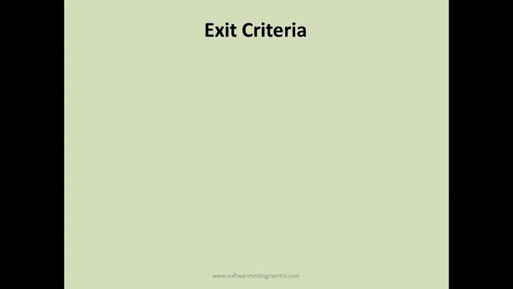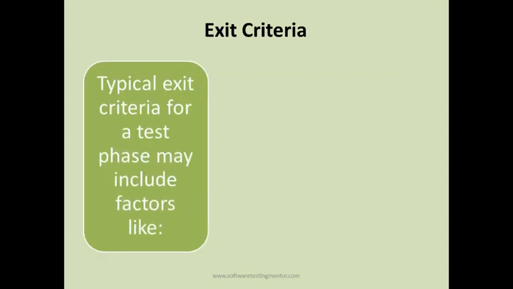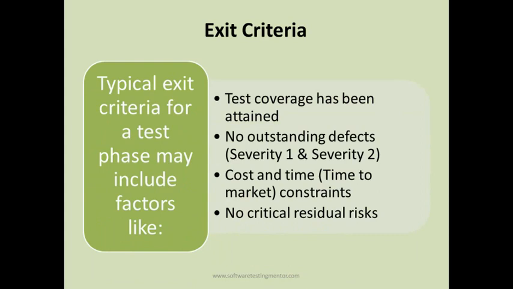Then what can be the exit criteria? Some examples. Typical exit criteria for a test phase may include factors like total coverage has been attained. For example, if you're in the unit testing phase, and the exit criteria says the statement coverage for the unit testing phase should be more than 95%, then whether that criteria has been achieved by the unit testing done by developers.